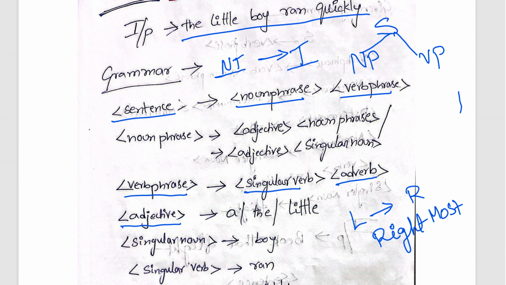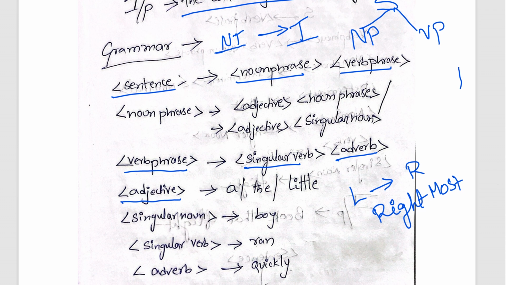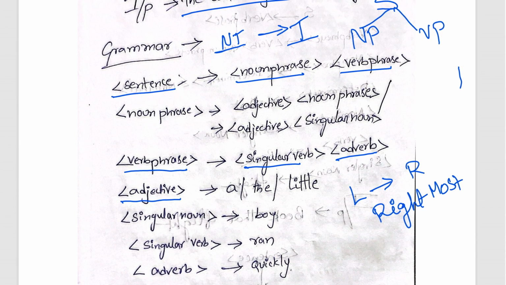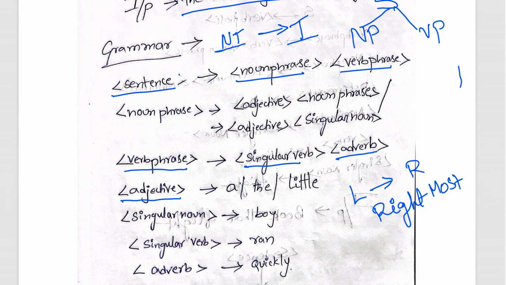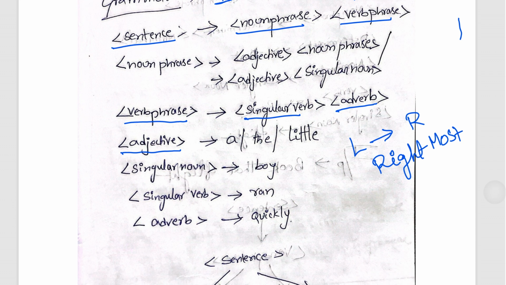A, the, little. Yes, of course, the and little are present. Then the singular noun in the given input sentence is boy. And the singular verb we have is ran. And the adverb along with the verb, what it is doing here, is called an adverb, and that is quickly. So this is our grammar.